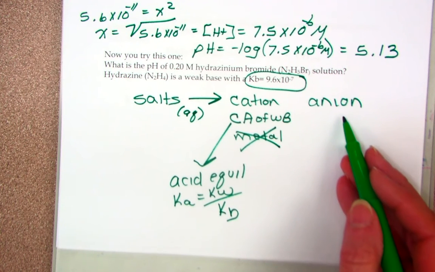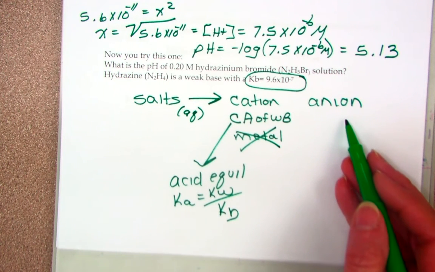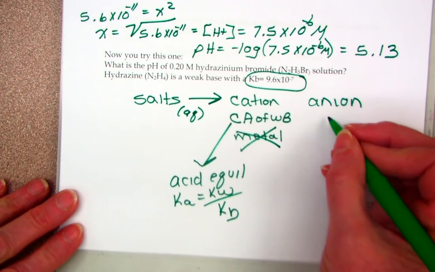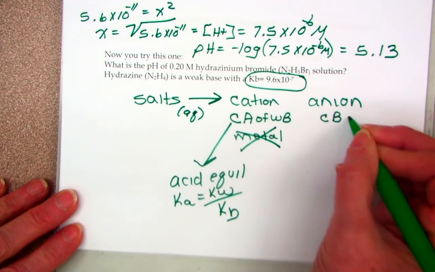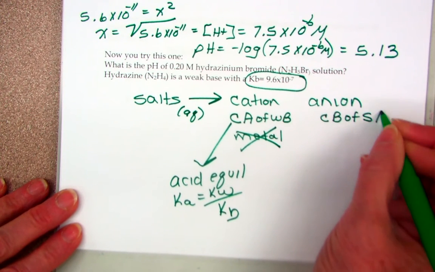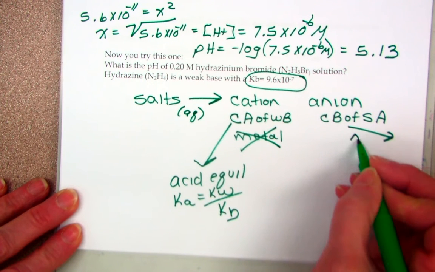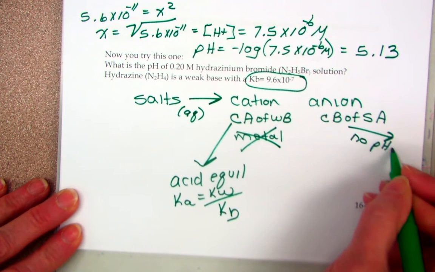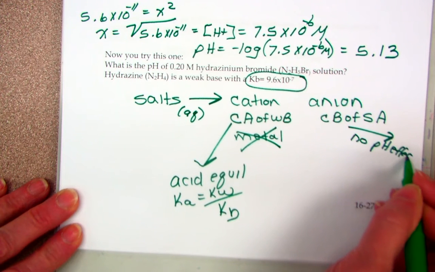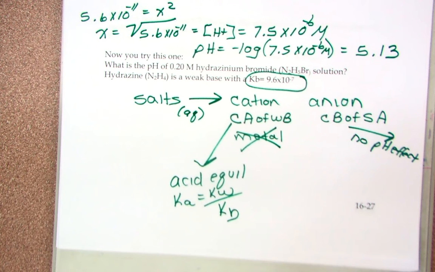The anion can be one of two things for this chapter. It can be the conjugate base of a strong acid. And if that's the case, it has no pH effect, because strong acids break apart completely, and their anions have no interest in hooking up with a proton again.